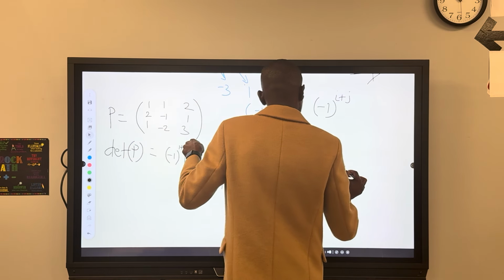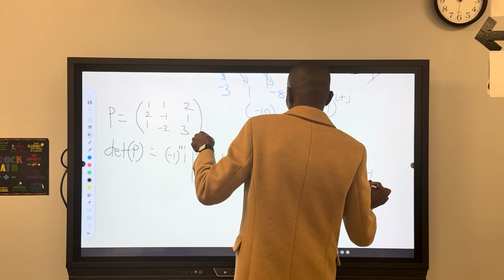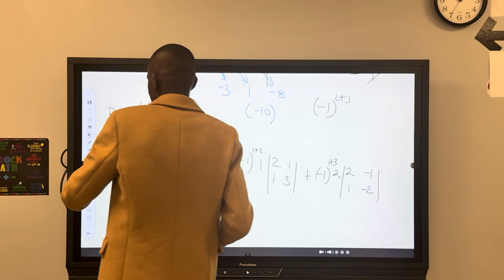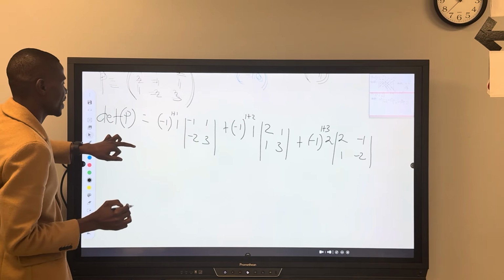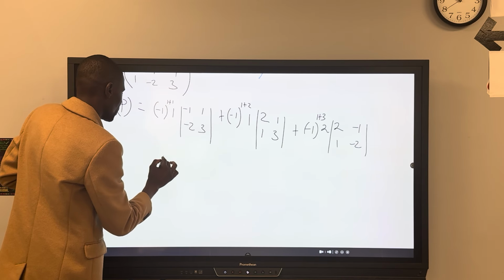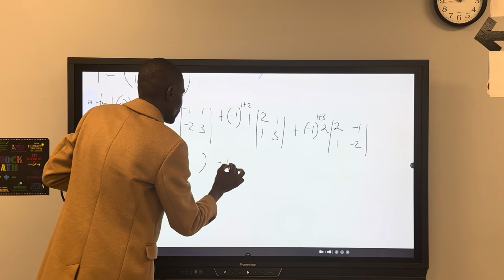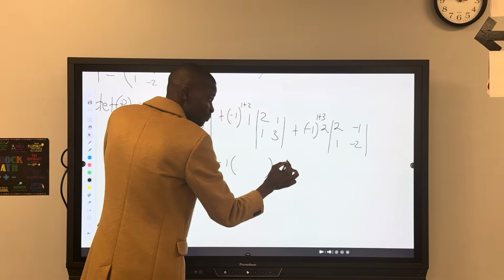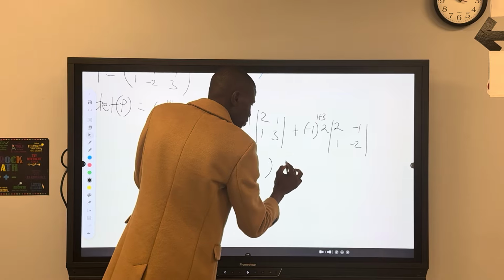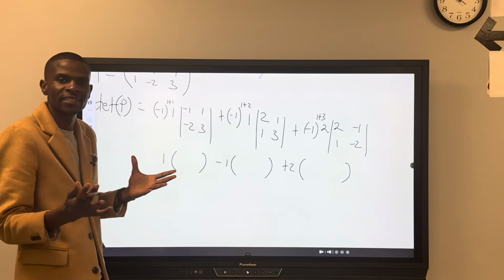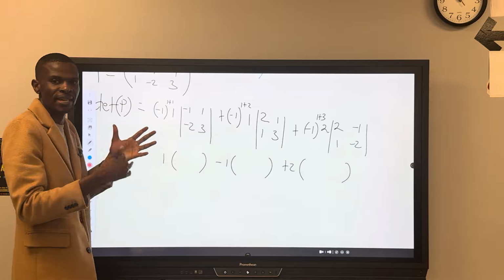If I delete that and that, I remain with 2, -1, 1, and -2. When multiplying, this is positive 1, so it's 1 times whatever we get here. Then this is minus 1 times whatever we get there. Then this is positive 2 times whatever we get there. When finding the determinants, it's just AD minus BC.